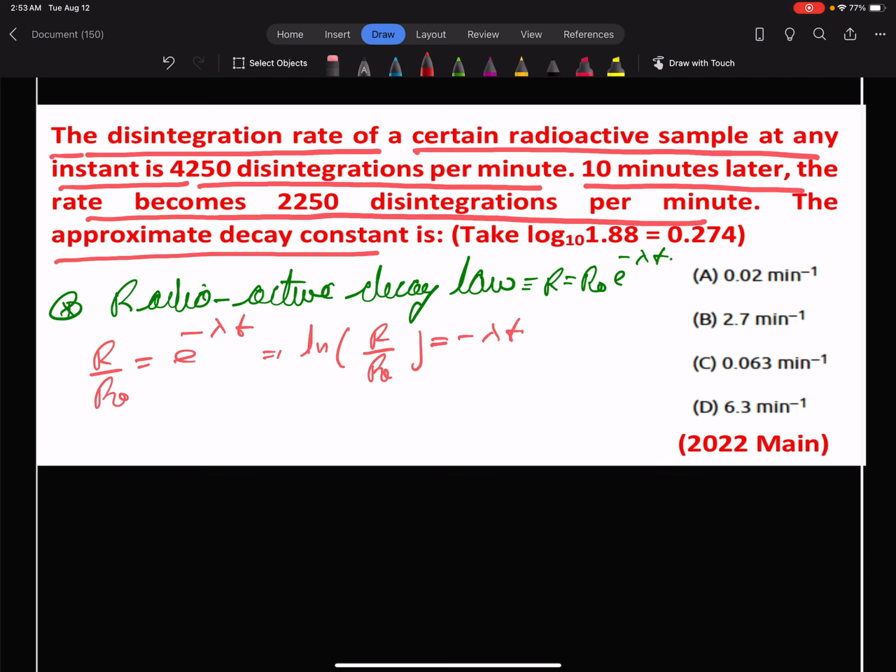And we are given that our initial disintegration is 4250.